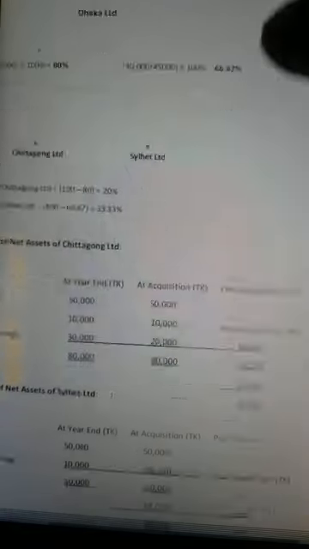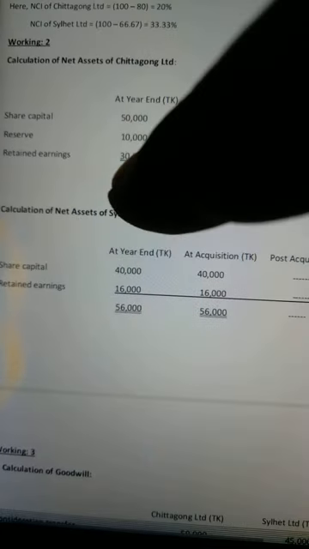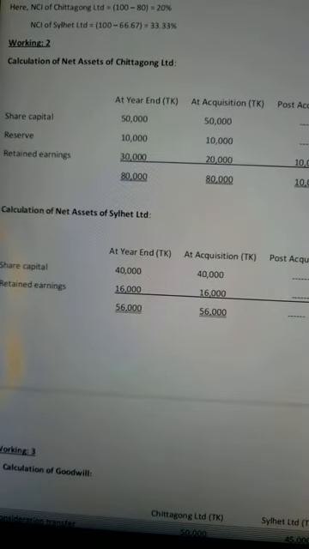So what we have to do is very simple. We have to write 30,000 at year end for Chittagong Limited, and 16,000 at year end for Sylhet Limited.